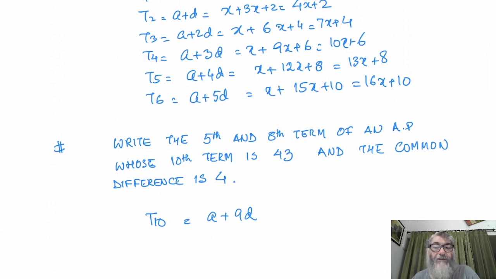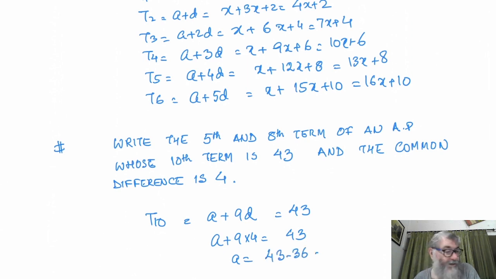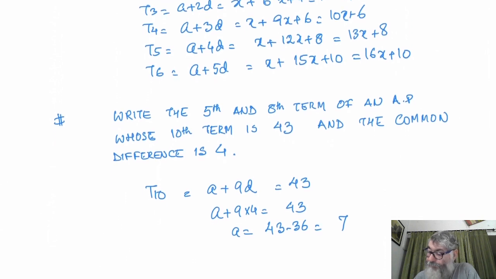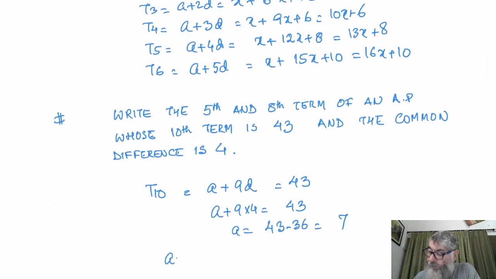The 10th term is 43, so A plus 9 into 4 is 43. So A will be 43 minus 36, which is 7. A is 7 and D is 4.